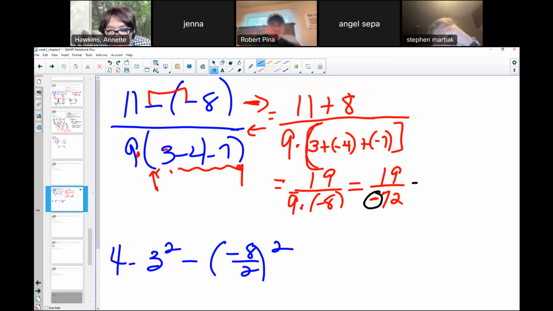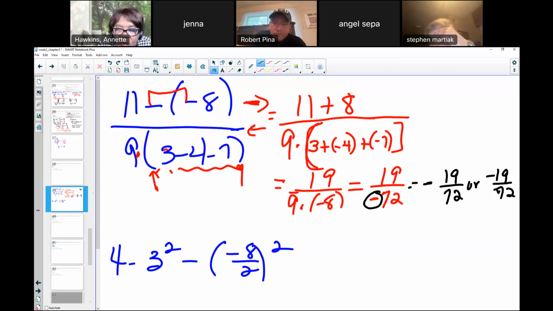So we can put it out here, or we can put it in the numerator. And we can leave it just like this because it doesn't divide out evenly. So this is negative 19 over 72, or the opposite of 19/72.